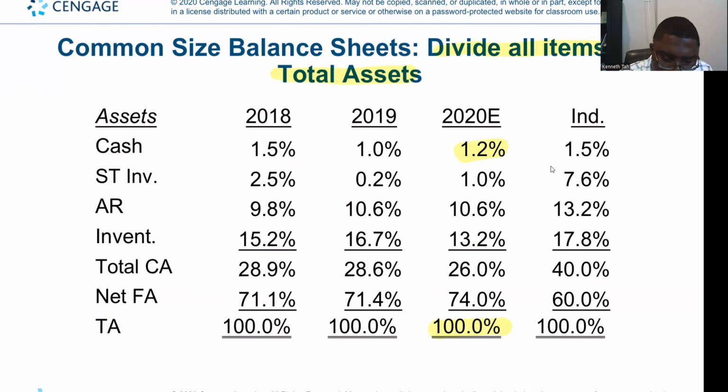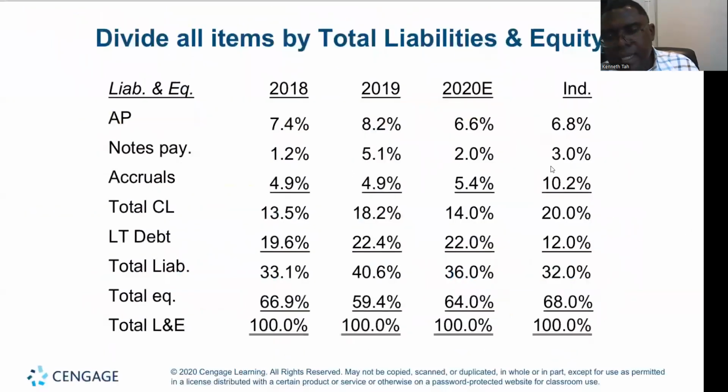So if we look at something like the net fixed asset, we can see clearly that the company has a higher proportion of net fixed asset than the industry. The net fixed asset is at 74%, while that of the industry is at 60%. All right, so that is the asset side.